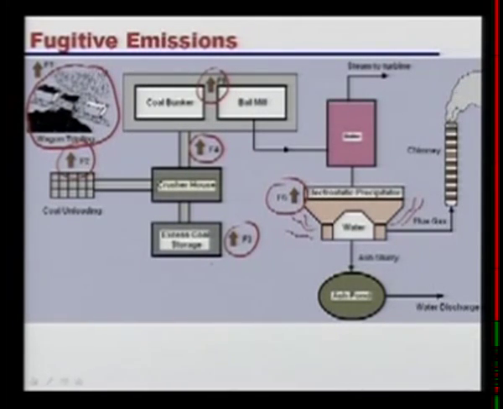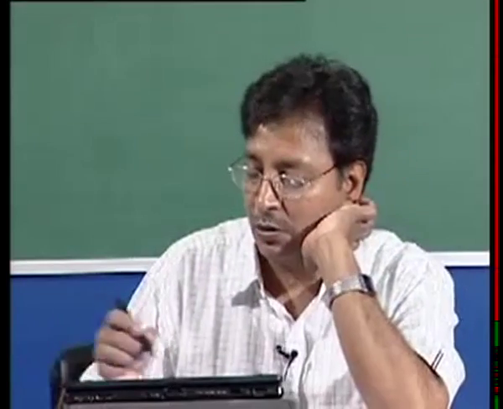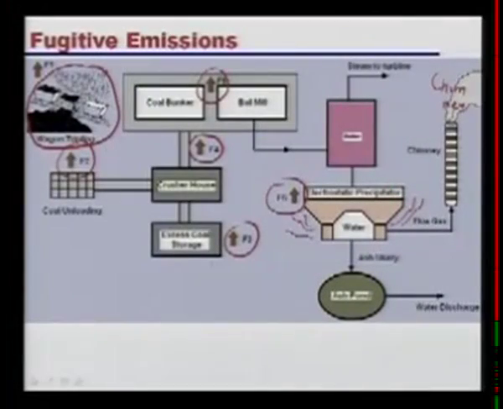And you see here, apart from the regular source from the chimney or stack, emissions of a fugitive nature are occurring all over the plant. We put a lot of effort, energy and money into controlling the emissions from the chimney, which we should do. But at the same time, we should not forget the other sources.